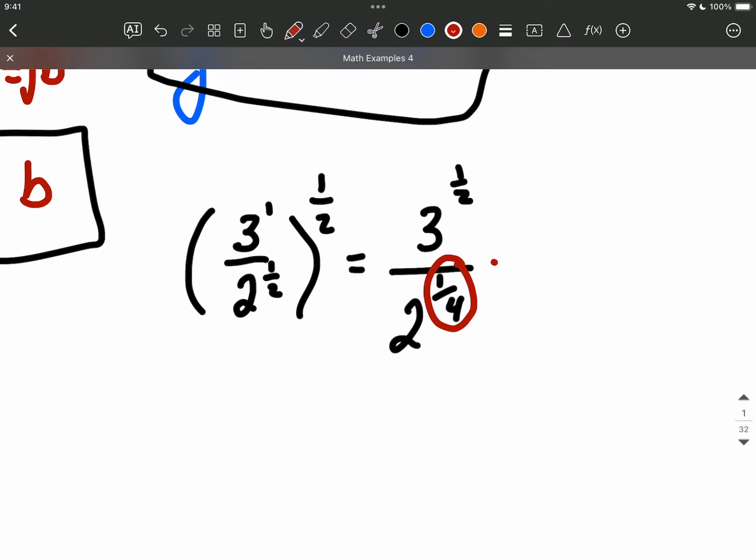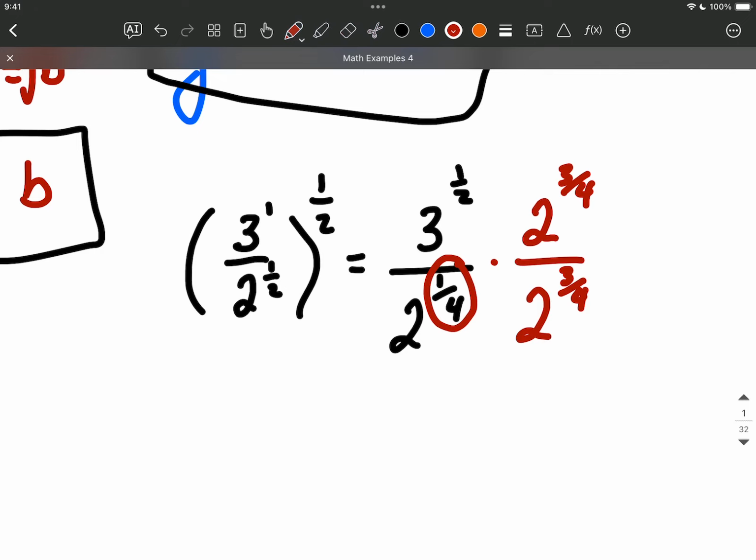So to get there, I think the easiest way to do this is we're going to multiply numerator and denominator by the same thing. I'm going to choose to have 2 as our base for both numerator and denominator. But I want to add the exponents together because we're using the same base to get a 1. So we already have a 1/4. Let's use a 3/4 for the exponent over here.